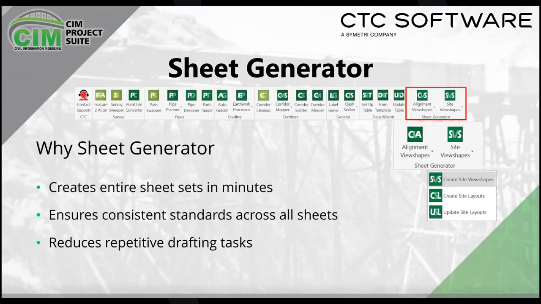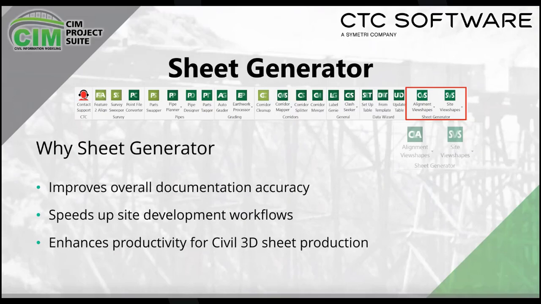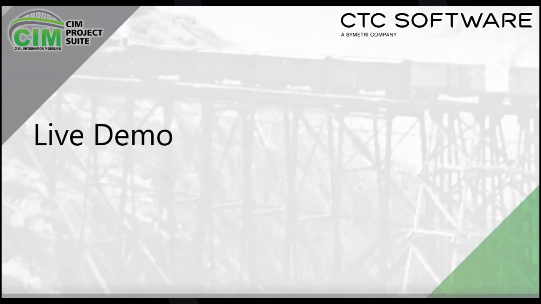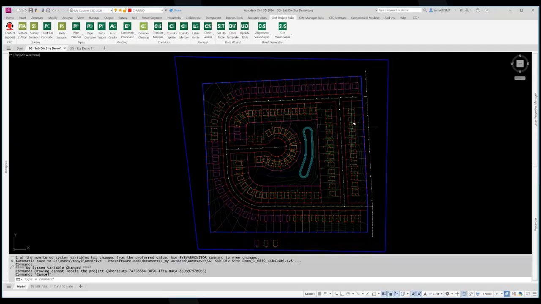And it should help to reduce all of those repetitive tasks and help overall documentation accuracy, speeding up your workflows, and enhancing your productivity. So with that, let's jump into the Civil 3D and show you how this works.